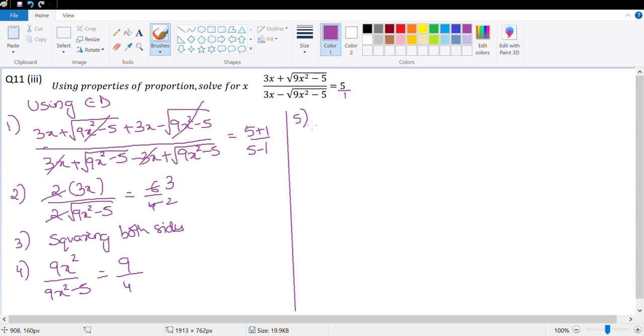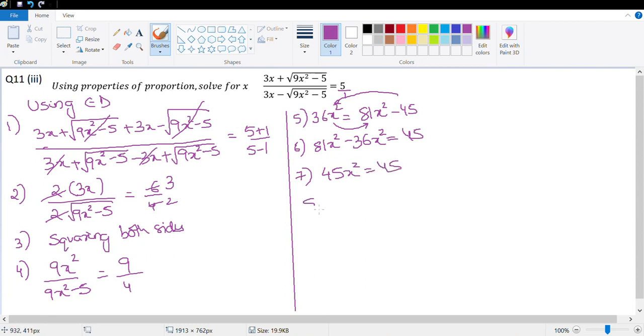So this is 36x square, 4 into 9, that 36x square is equal to 9 into 9x square, that's 81x square minus 45. Let's bring x square on one side, so 81x square minus 36x square is equal to 45. Yes, I bring 36 here, negative 45 here. So 81 minus 36, that's 45x square is equal to 45, which means x square is equal to 1, which means x could be equal to plus or minus 1.